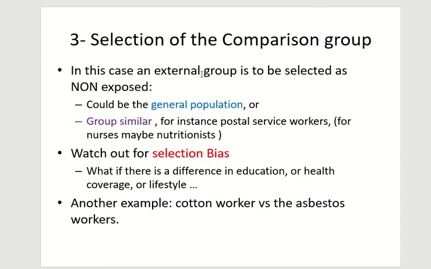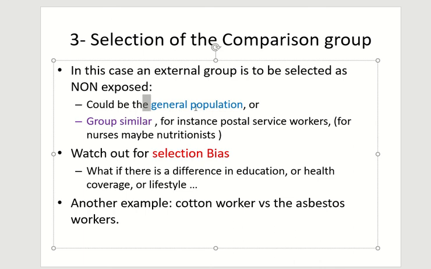So in this case, an external group is to be selected. For example, you can go to the general population to get the non-exposed, or you go to a similar group. So for example, for my mine workers, I can go to postal service workers. Try to get a control group from there.